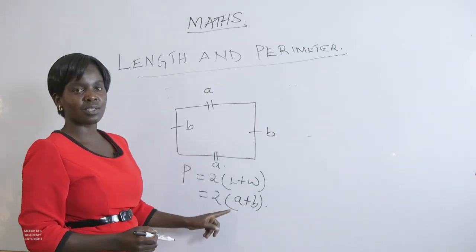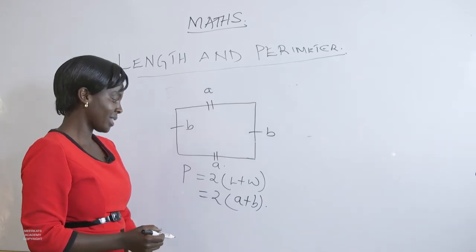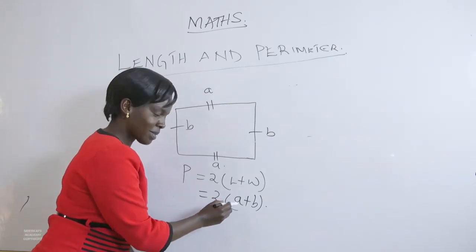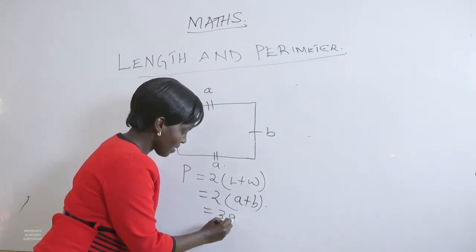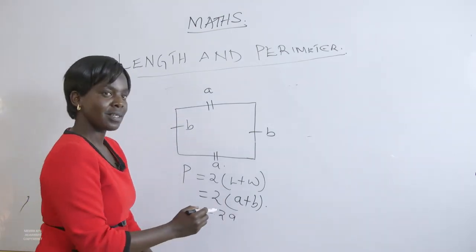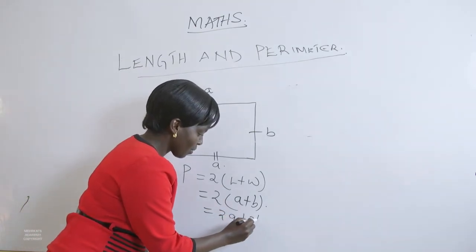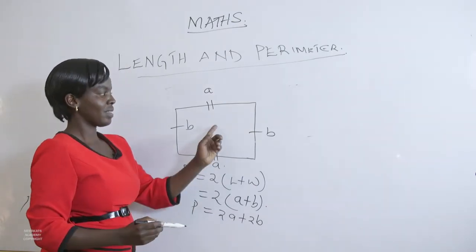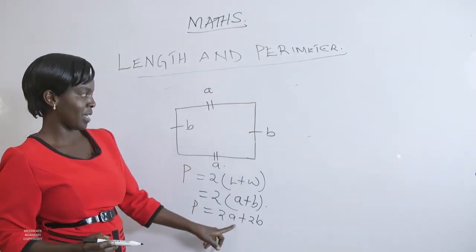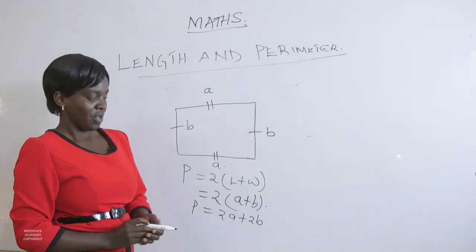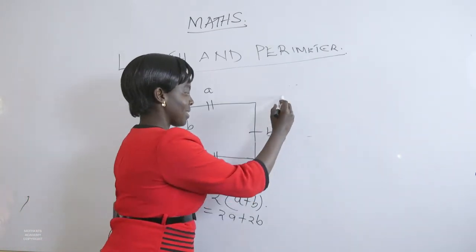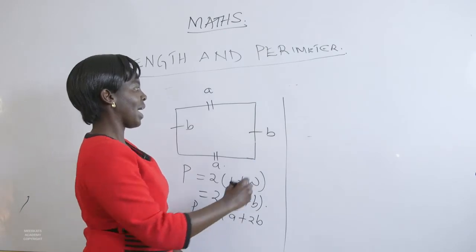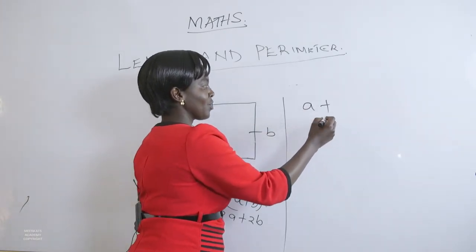The only thing that we need to do is to open the brackets by saying 2 times A will give us 2A, 2 times B will be 2B. So the perimeter of this rectangle will be 2A plus 2B. You can check and find that it is the same if you add all round without using the formula.